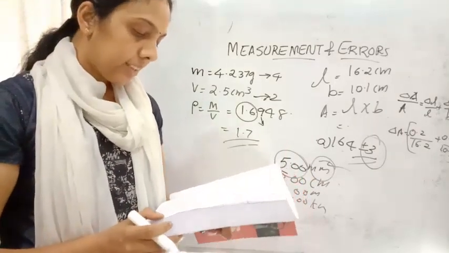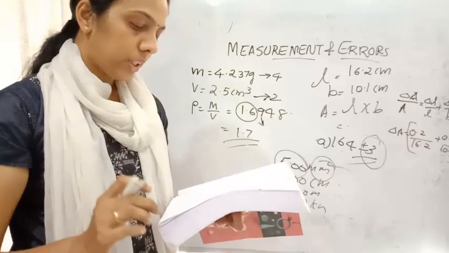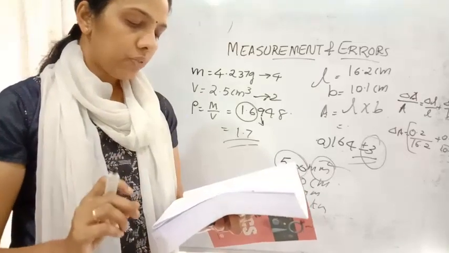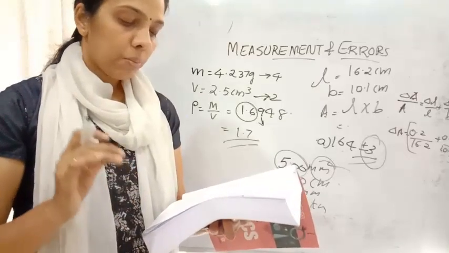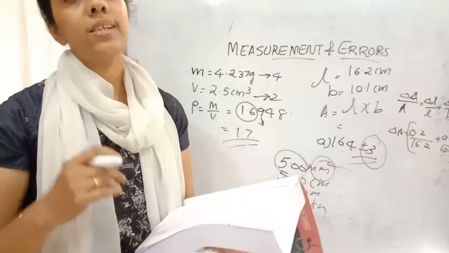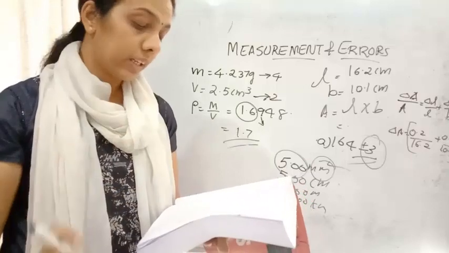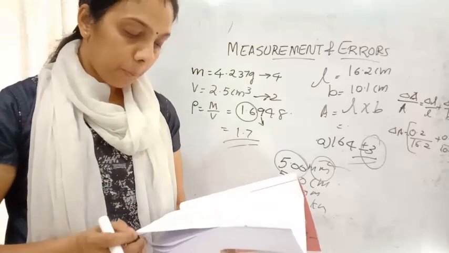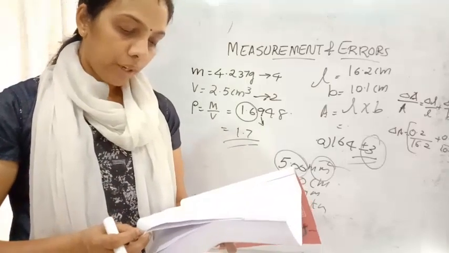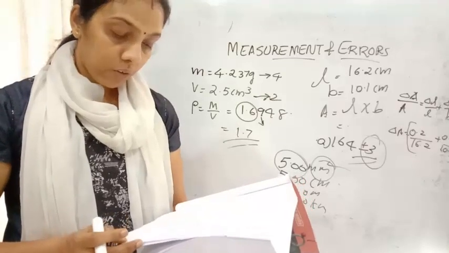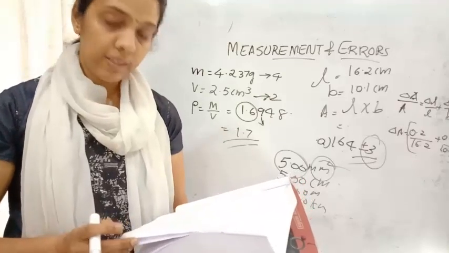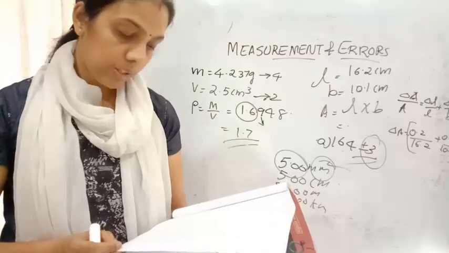Then next: the mean length of an object is 5 centimeter. Which of the following measurements is most accurate? The choices are 4.9, 4.805, 5.25 centimeter, 5.4 centimeter.